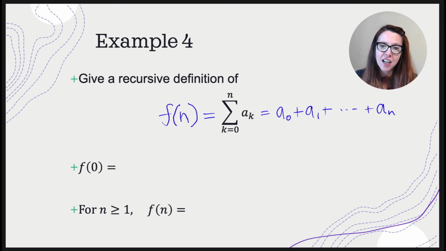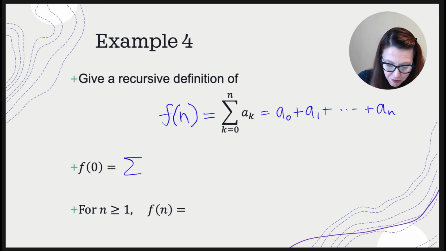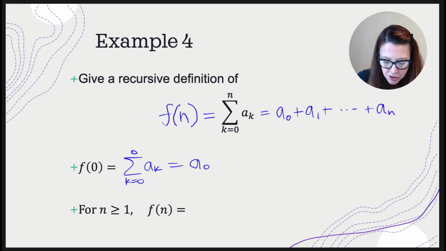And so we want to define this recursively. So what is f of 0? Well, that's just the sum from k equals 0 to 0 of a sub k, and that's just a sub 0. So our first step in defining this function is defining that base. F of 0 is equal to a sub 0.